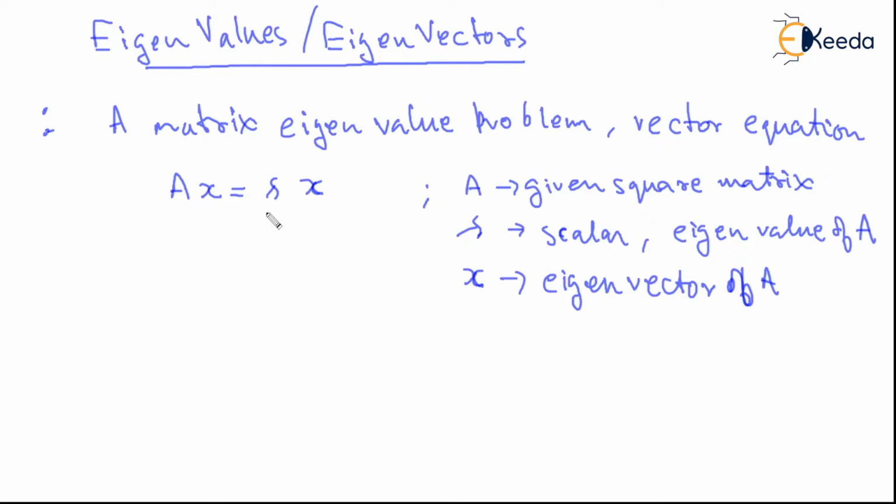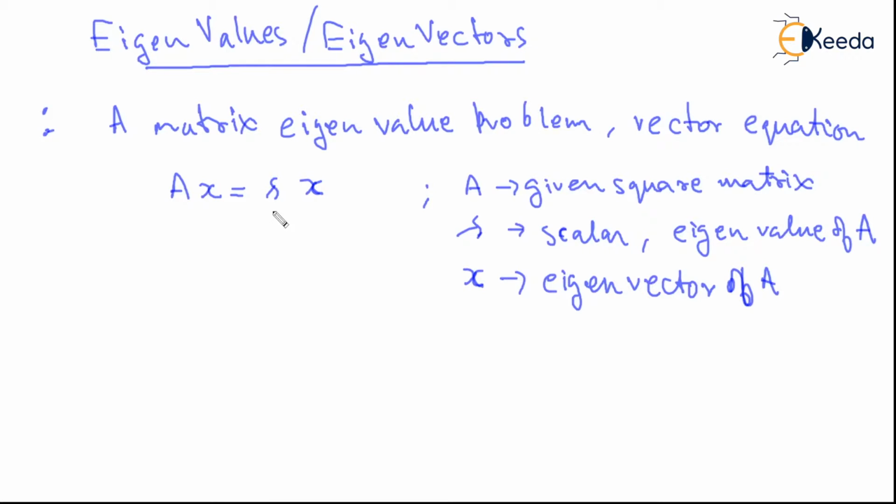Geometrically, if we see this Ax equal to lambda x, it means this x is an eigenvector. Let's say this is a vector. Lambda is a scalar. So if we multiply a vector with a scalar, it will simply change the magnitude of that vector, but the direction will remain same.